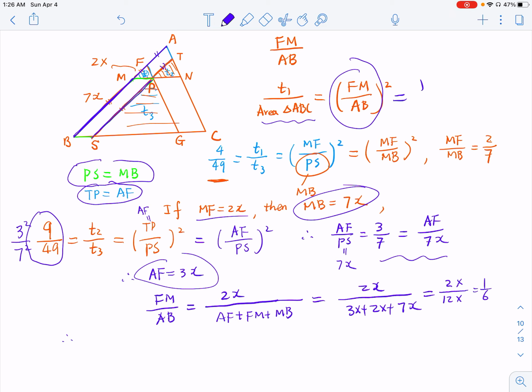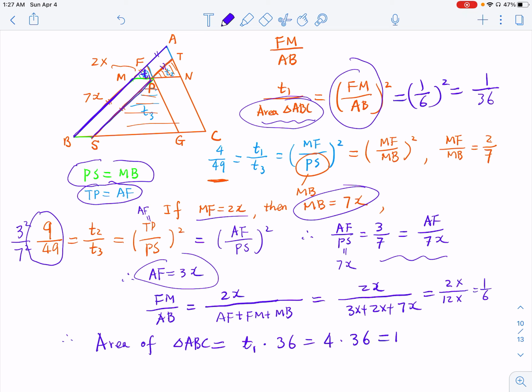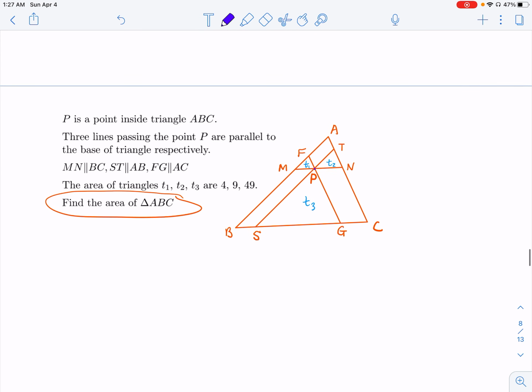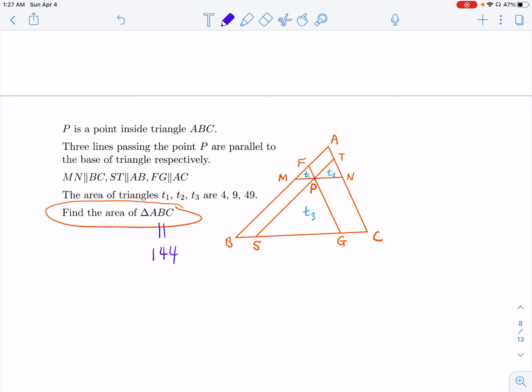We plug in here the 1 over 6 squared. That would equal 36, right? So what is the area of ABC? It is T1 times 36. The area of ABC equals T1, the area of this tiny triangle, times 36. T1, as we know, is 4. 4 times 36 equals 144. So the final answer to the original problem is 144.